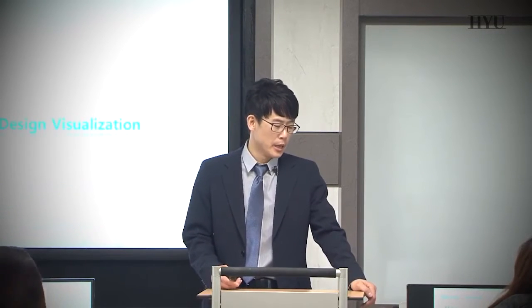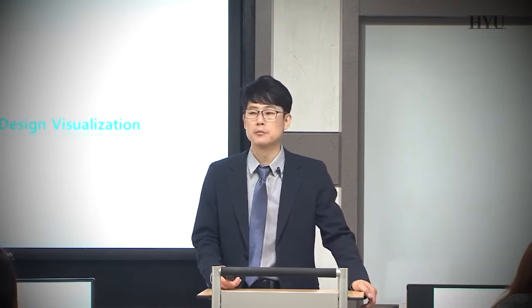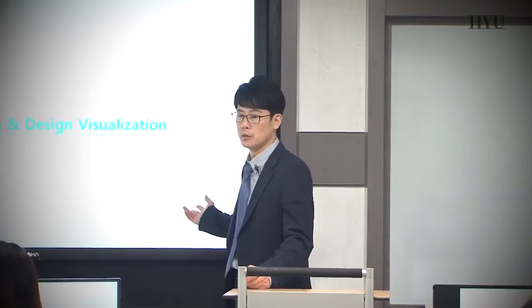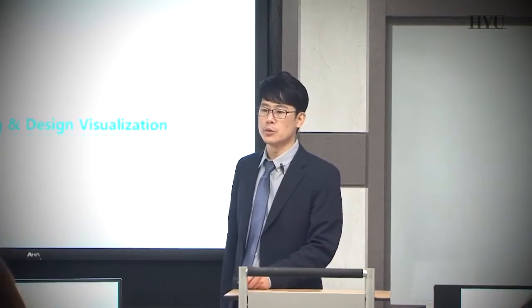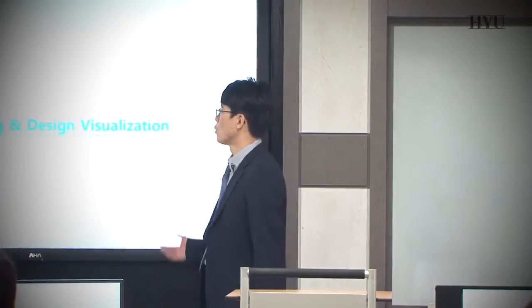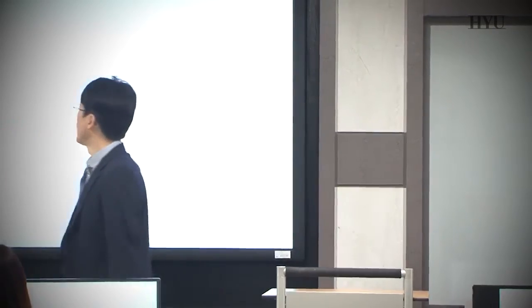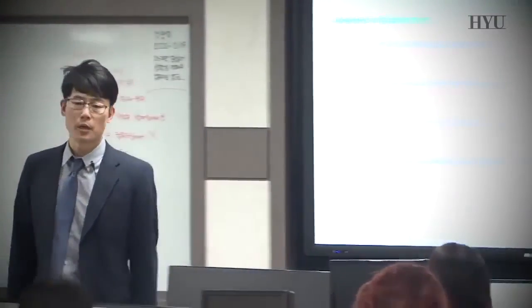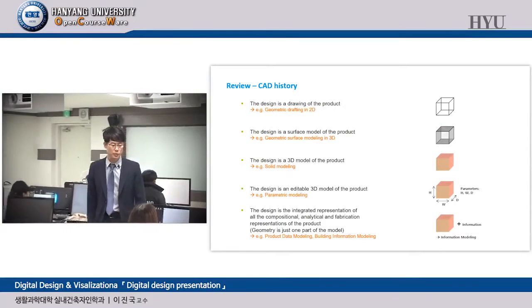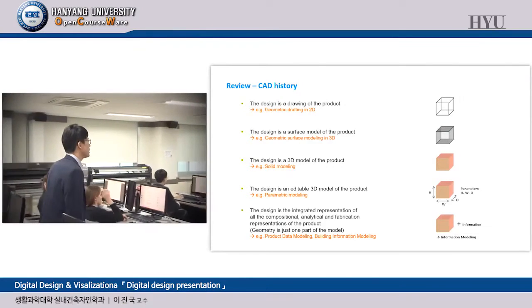Anyway, these are some conceptual things you need to know in terms of high and low level, and high and low level of detail. Let's review some 3D modeling and design visualization issues, exactly what we have walked through, what we have learned. Let me quickly introduce you and show you what we are dealing with in the course. As I showed you before, there is a very famous one-single-slide history. Review CAD history.